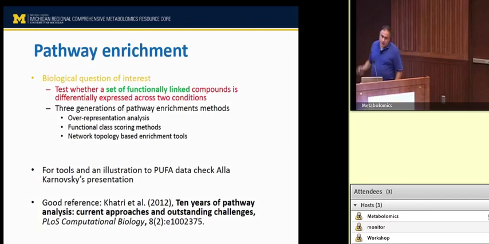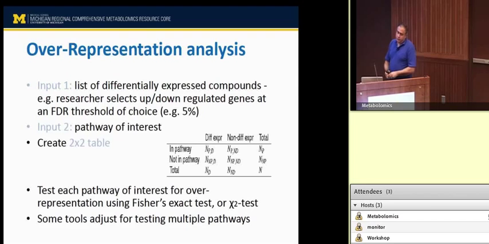The latest class of methods, still under development in an active research area, tries to incorporate network information, for example, reactome type information for metabolites, in order to improve the results. So let me walk you through the 3 methods.